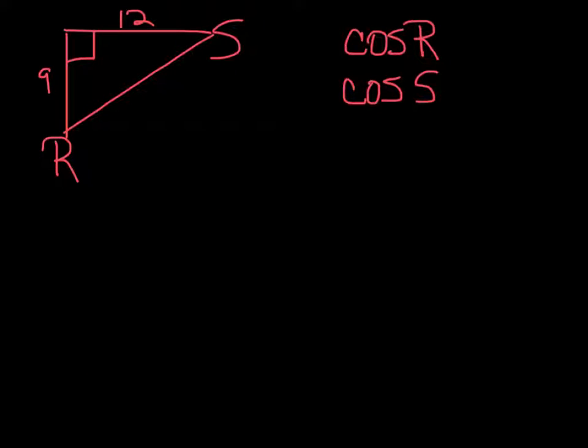If we have this right triangle with side lengths 9 and 12, and we don't know the hypotenuse, and we are trying to find the sine or the cosine function, then we have a problem because we need the hypotenuse for either one of those. So before we can find the sine or the cosine, we have got to find our hypotenuse. So we need to backtrack a little bit and use the Pythagorean theorem, which is a squared plus b squared equals c squared.